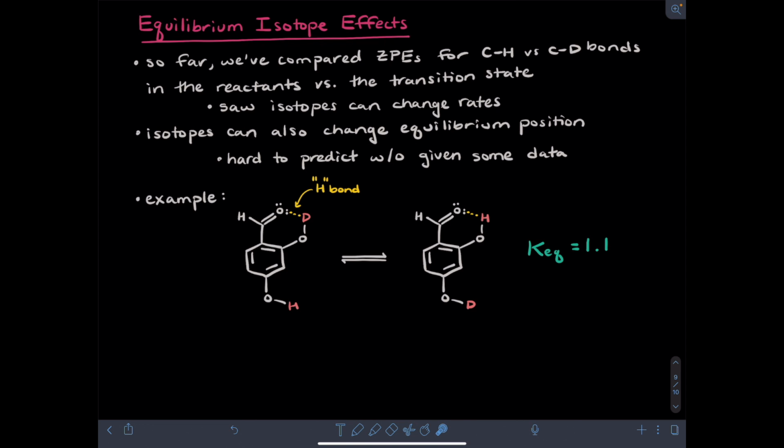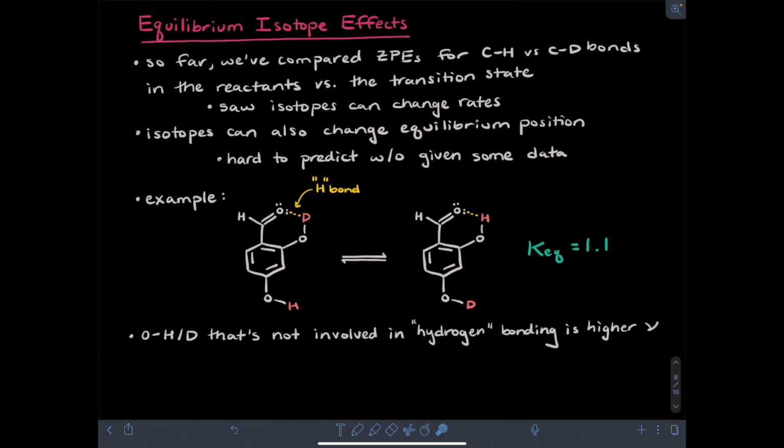What's observed is that the KEq in this case is 1.1, meaning that there is a higher concentration of the product relative to that of the starting material. The placement of hydrogen compared to deuterium in the hydrogen bonding interaction plays a difference.